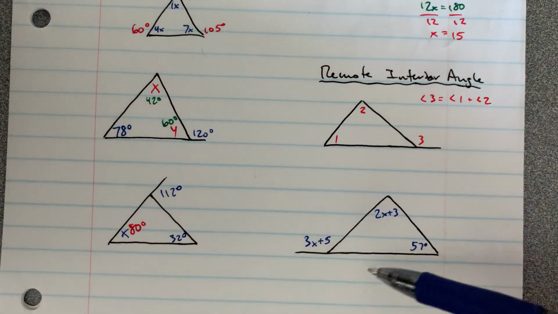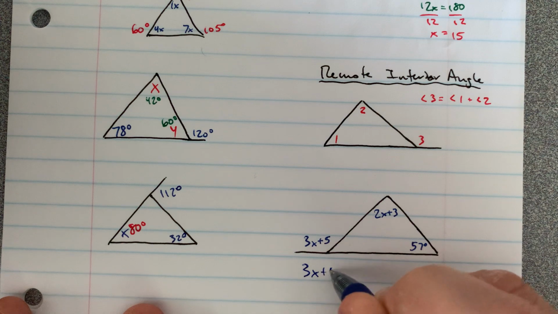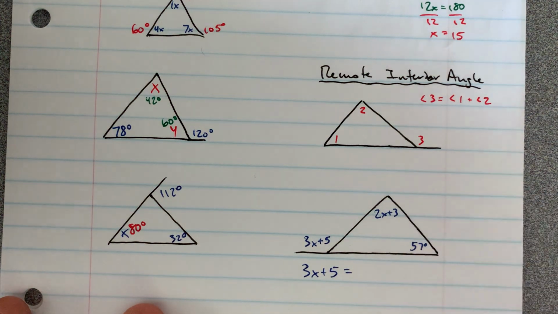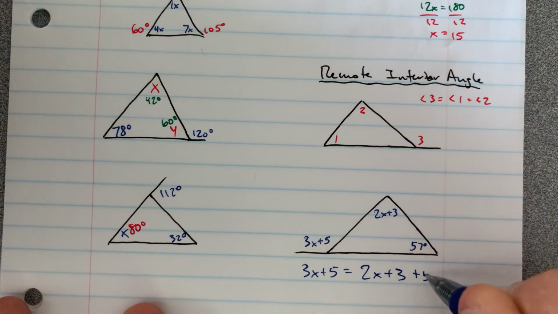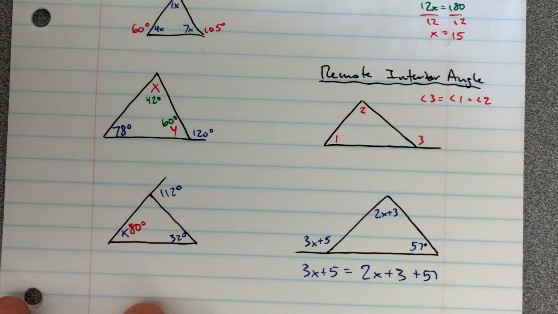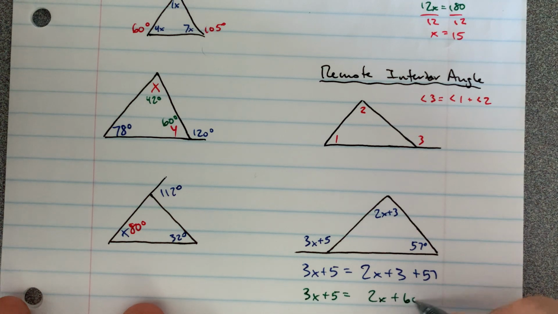I have to use the idea that 3x plus 5 equals the sum of these two non-adjacent interior angles, 2x plus 3 plus 57. So I'd go through my work here to solve this equation, combine like terms on the right side, so I'm left with 3x plus 5 equals 2x plus 60.